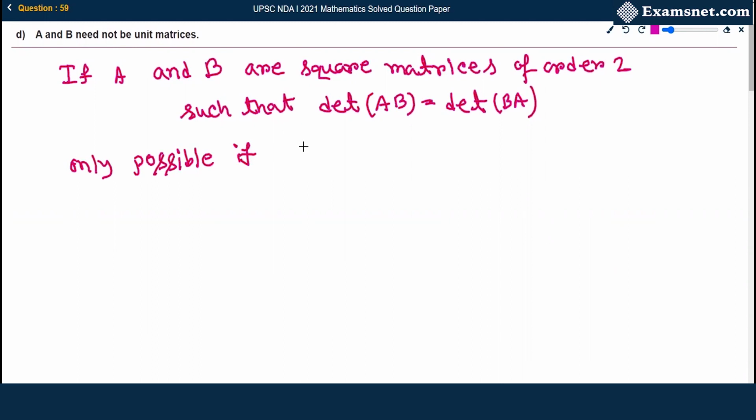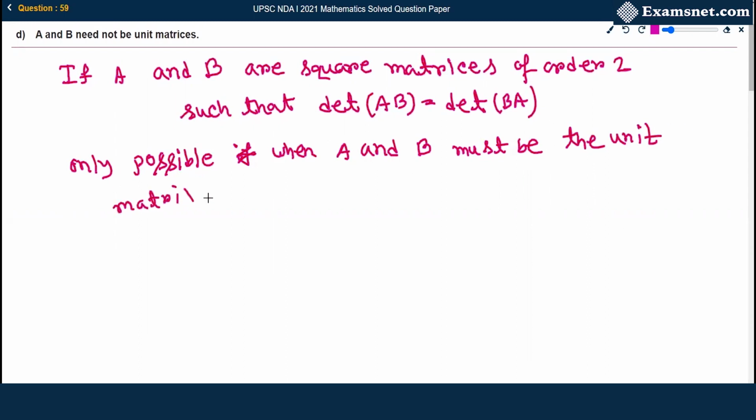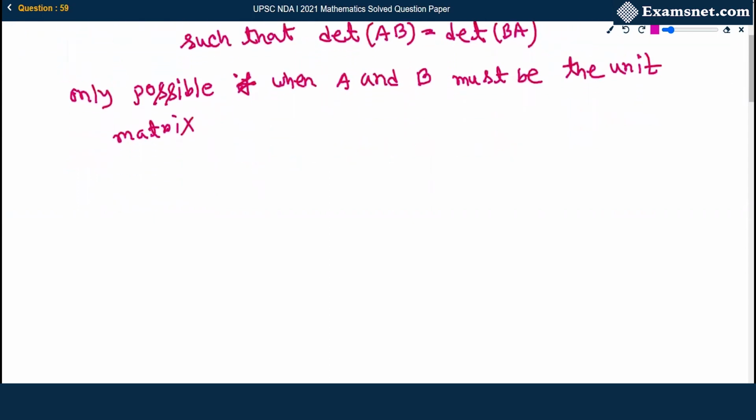Since they are of the same order, it is only possible when A and B must be the unit matrix. I will prove it. Okay, so let me prove it. So it's of order 2, so I can write the unit matrix as 1 0 0 1.